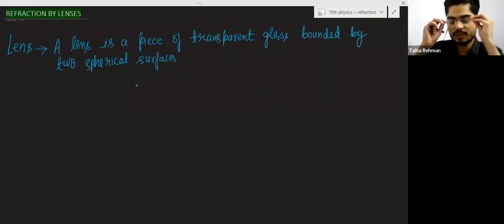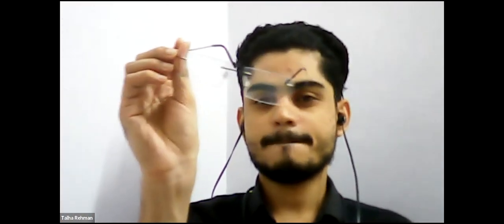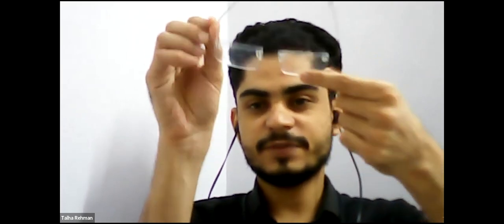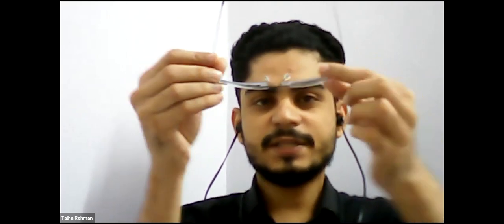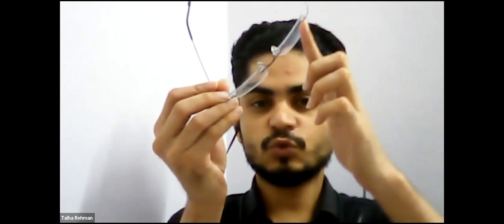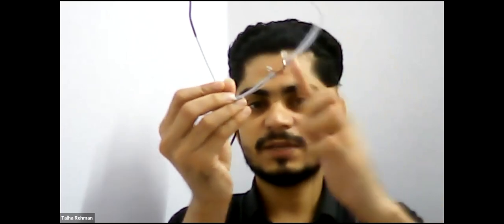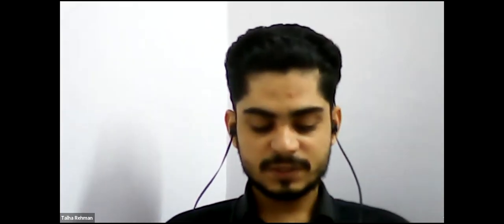So Azaan, now you can see here. This is the lens, and this lens has one surface this and one surface this, and this is bounded by two spherical surfaces. This is one spherical surface. This is another spherical surface.